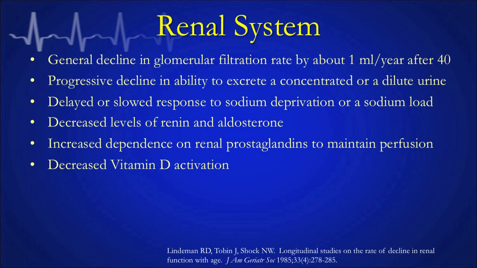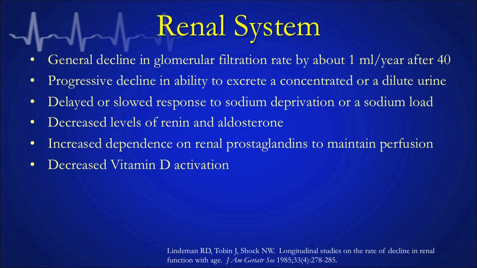We already talked about that there is progressive decline in the ability to excrete a concentrated or dilute urine. So delayed or slowed response to sodium deprivation or sodium load. We know that there are decreased levels of renin and aldosterone and increased dependence on renal prostaglandins to maintain perfusion.